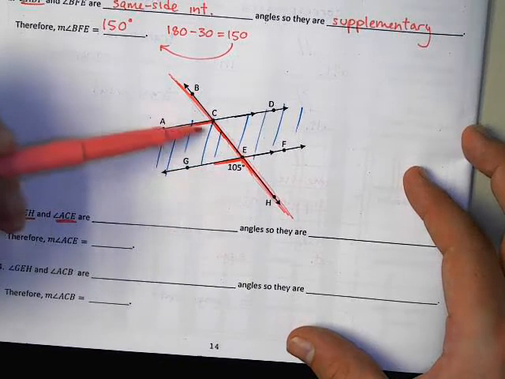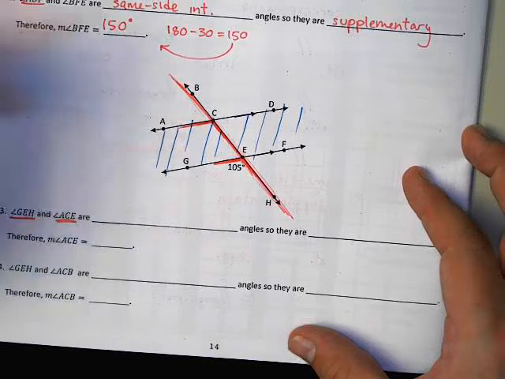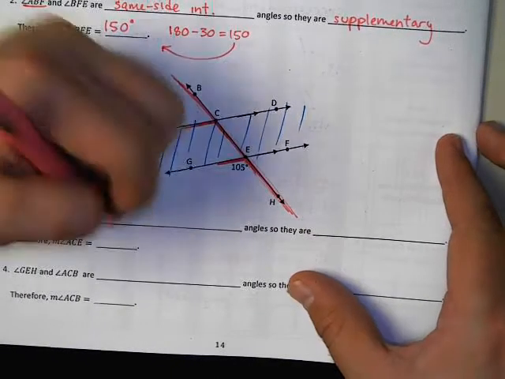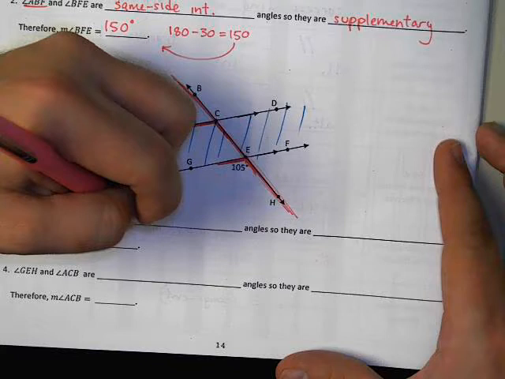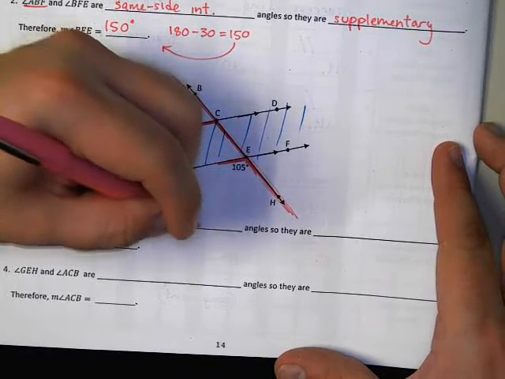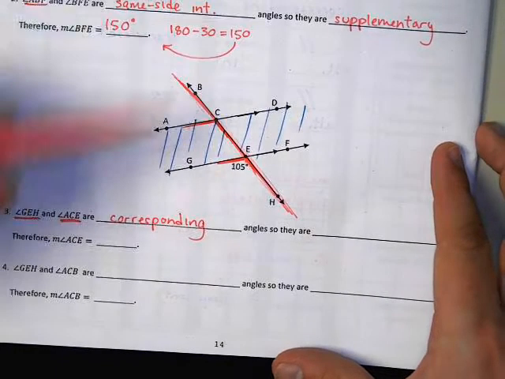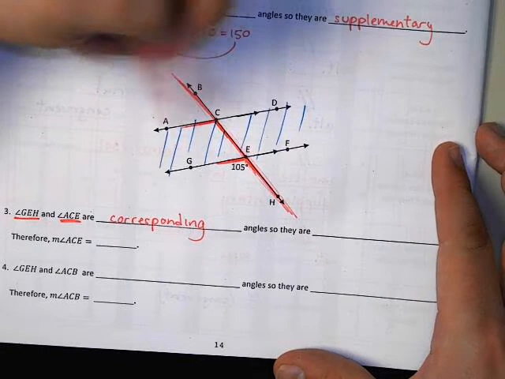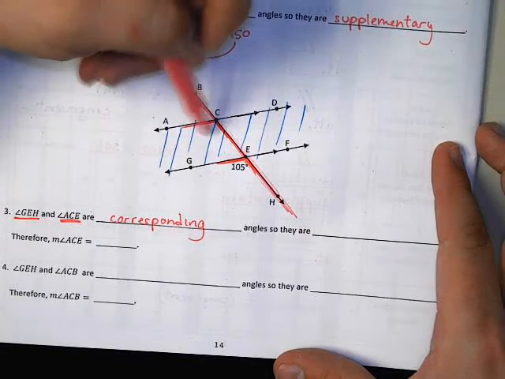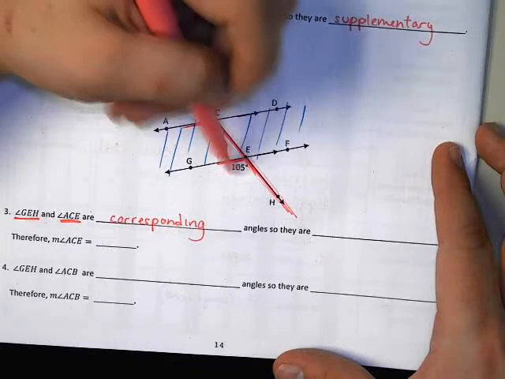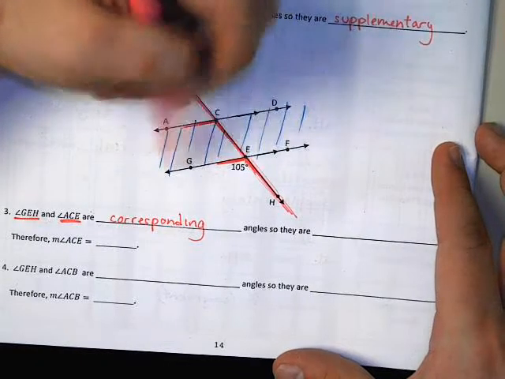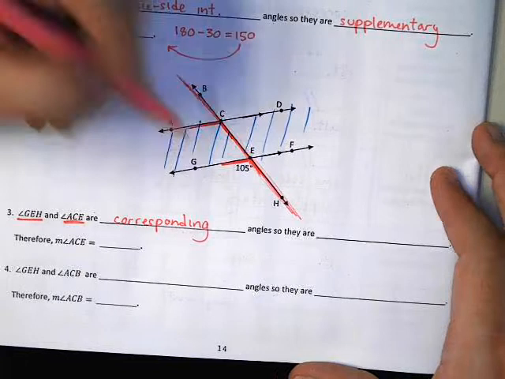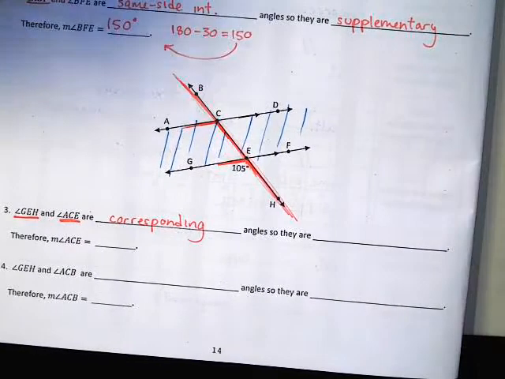If one's inside and one's outside, does anyone remember? Hopefully you guys are saying corresponding. The other way to think about it, if you don't like thinking inside outside, is that they're both below the lines. ACE is below this parallel line, and GEH is below this other parallel line. If they're both below, they're both in the same spot.